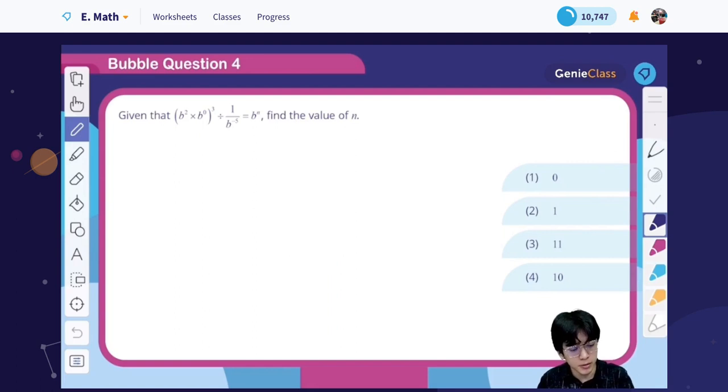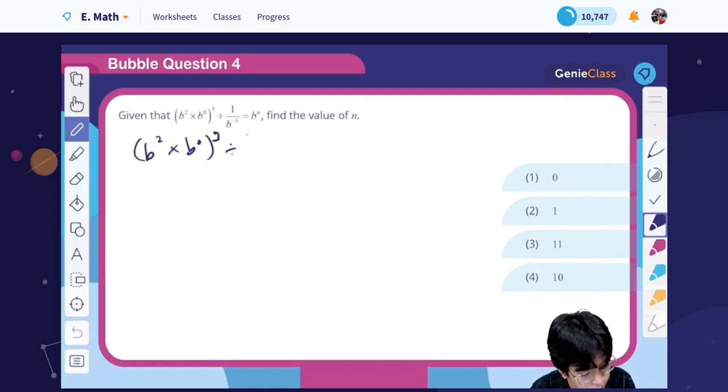And time's up. Okay, b squared times b to the power 0 all to the power 3, divided by 1 over b power negative 5, equals b power n. If we simplify the first part, we will multiply the powers into the two things inside the brackets, right? So this is b power 6.